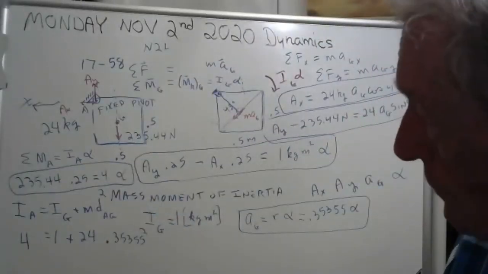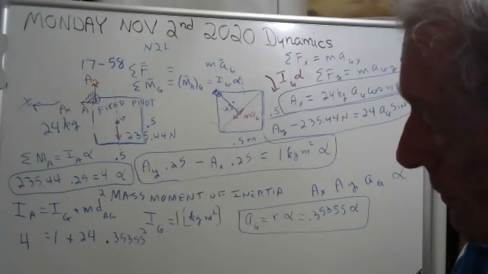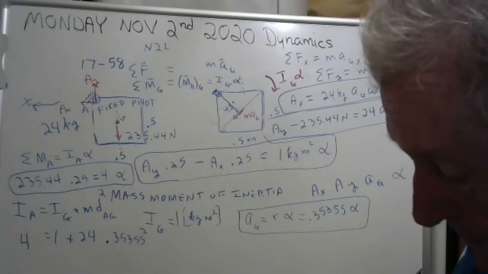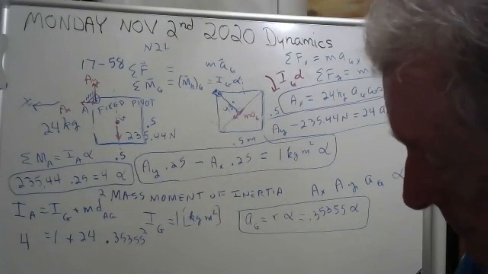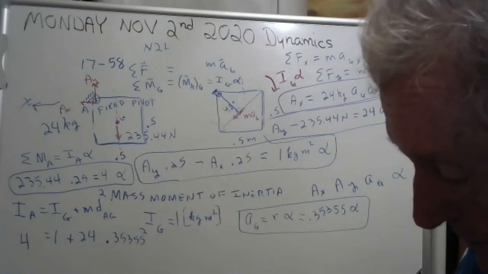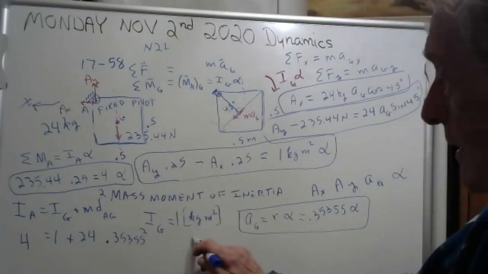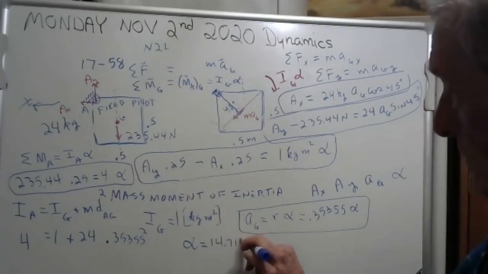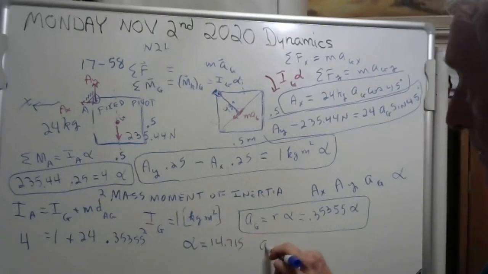So you can get your alpha real easy. Here goes. I got my alpha. Alpha is equal to 14.715. And from that, you can get your acceleration.